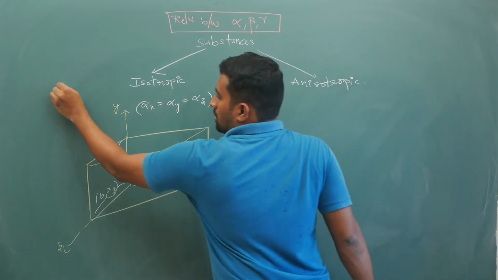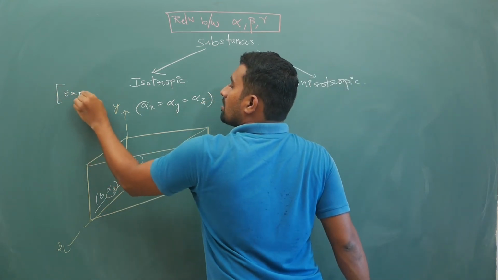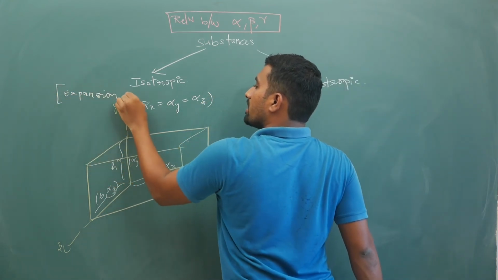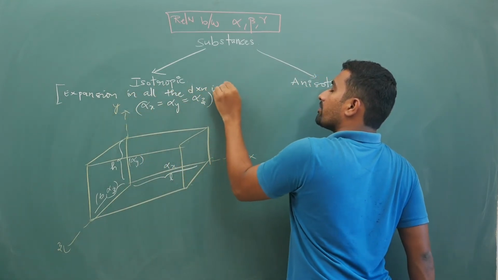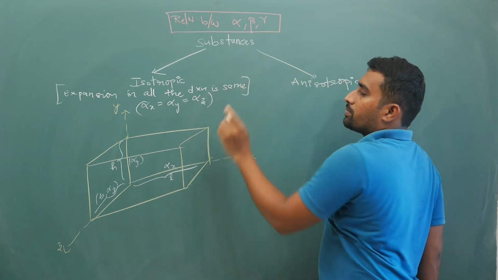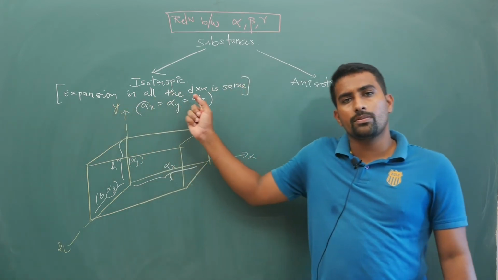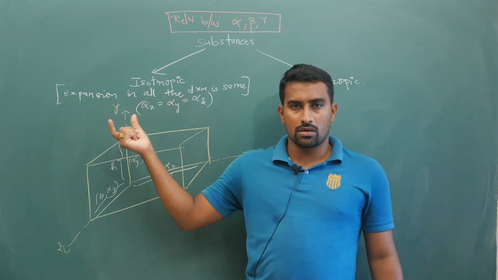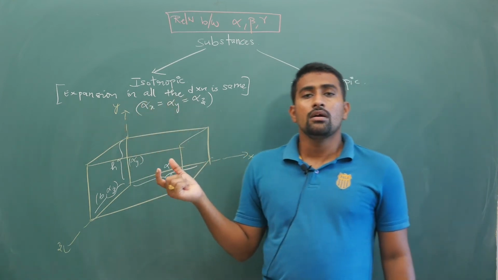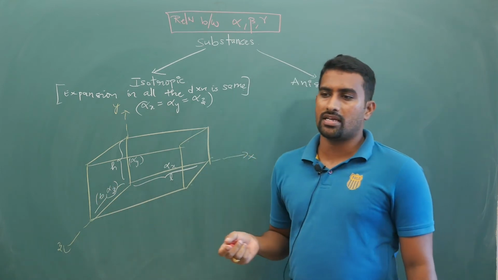That means expansion in all directions is the same. For an isotropic solid, expansion is the same in all possible directions.